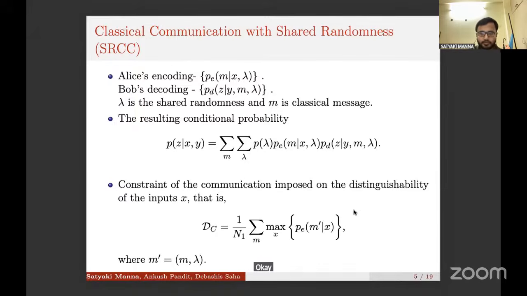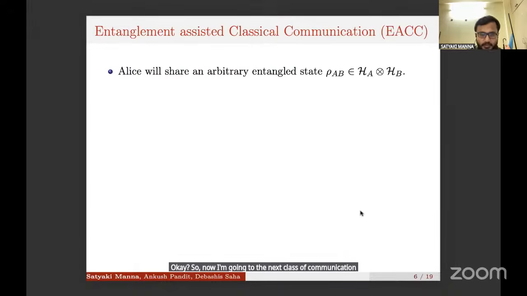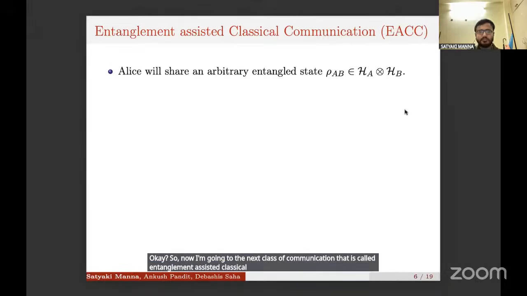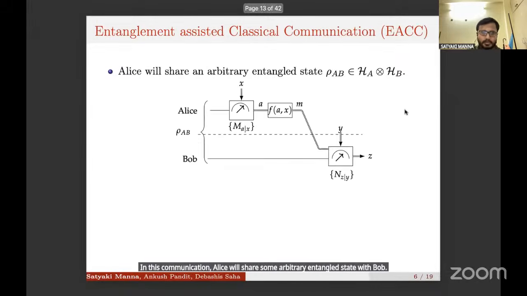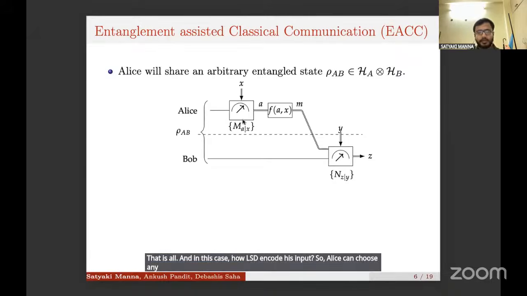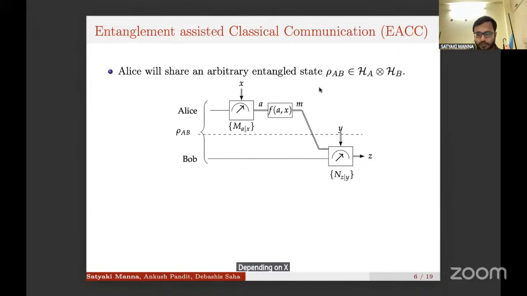Okay. So now I'm going to the next class of communication, which is called entanglement-assisted classical communication. In this communication, Alice will share some arbitrary entangled state with Bob. That is all. In this case, how will Alice encode her input? Alice can choose any POVM, any quantum measurement, and she will measure her share of the entangled state depending on x, and she will get some outcome a.